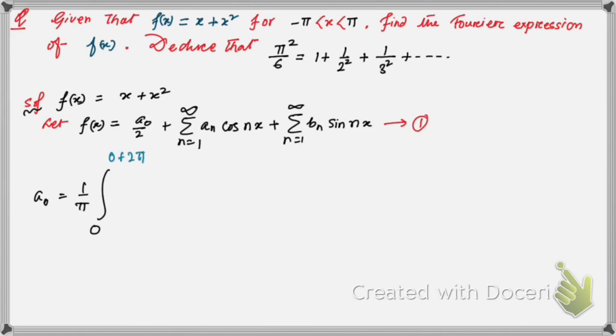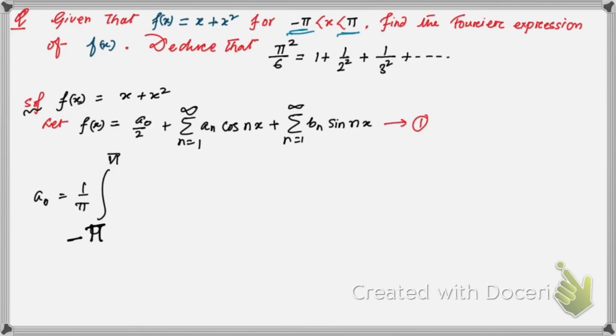Now here the interval is minus pi to plus pi. In this case you can replace this 0 by minus pi. If you do so, then minus pi plus twice pi will be equal to plus pi, right? So we are going to integrate from minus pi to plus pi.